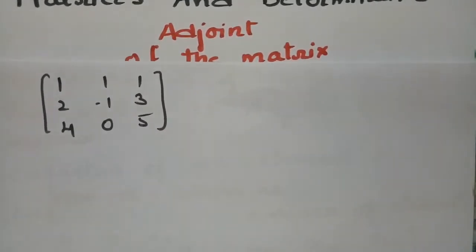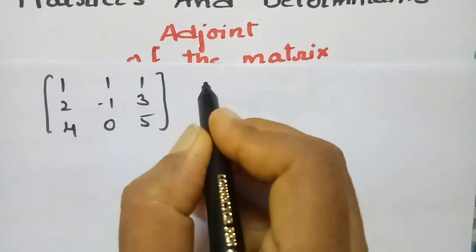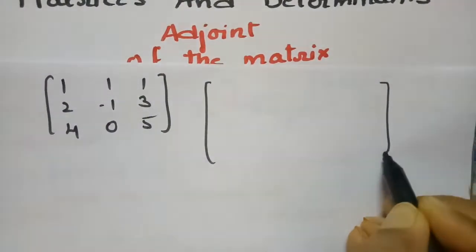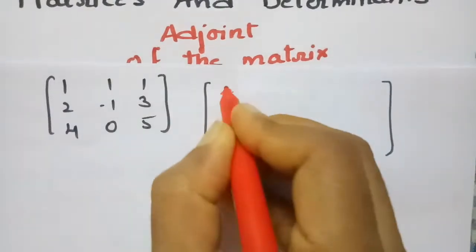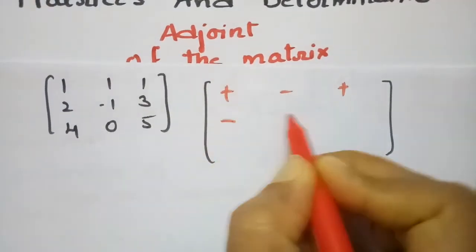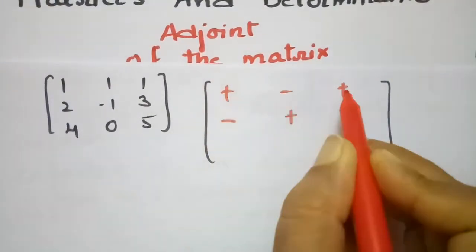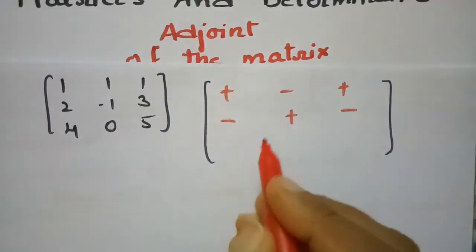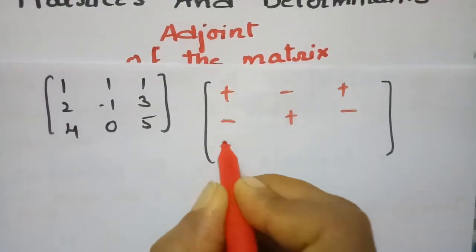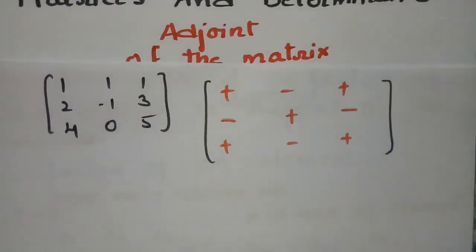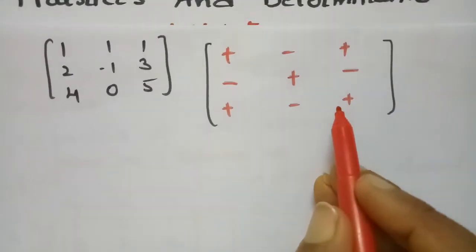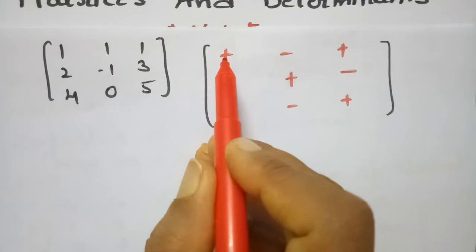First of all, I am going to find the cofactor of the matrix. Before that, we have to multiply each and every term with the signs plus, minus, plus; minus, plus, minus; and then plus, minus, plus. I told you how we got this: (-1) to the power of row number plus column number.